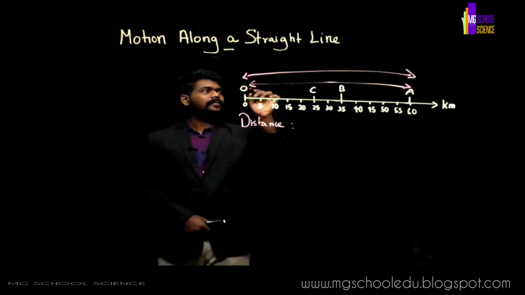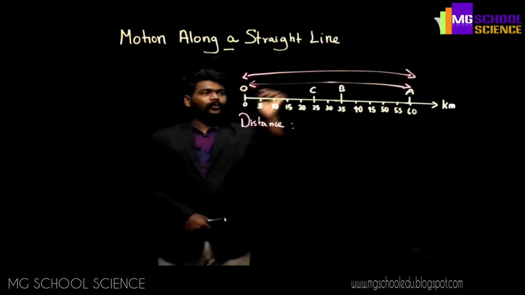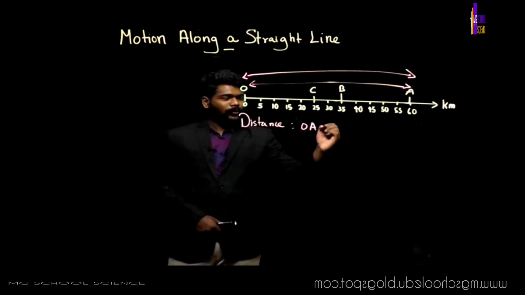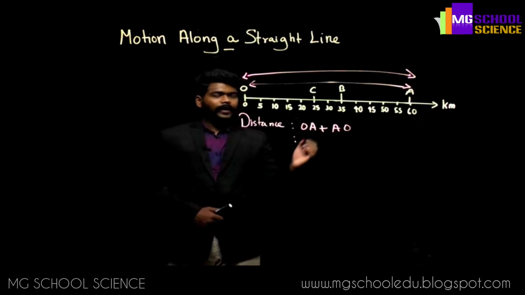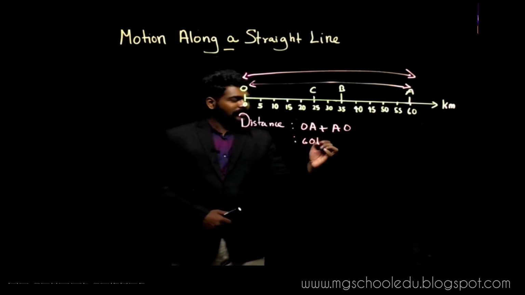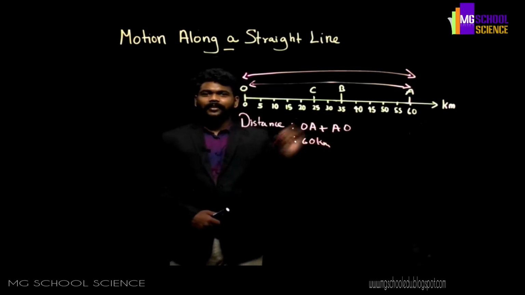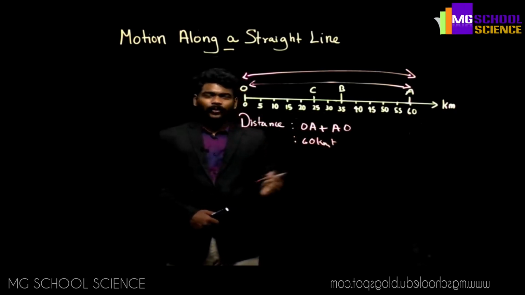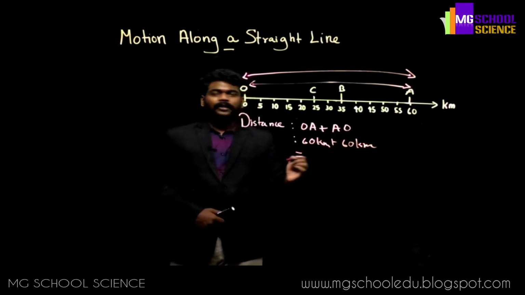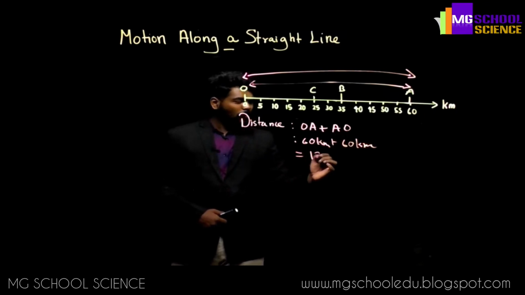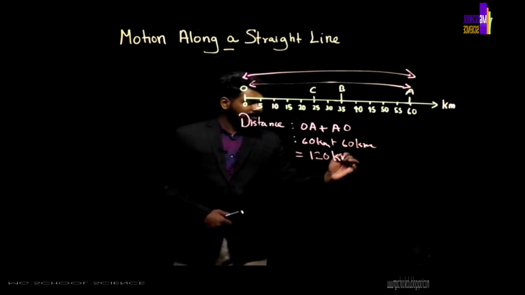The first distance is from O to A and A to O. That is O to A plus A to O. Now what is O to A? It is 60 kilometers, right? Now what is A to O? Again 60 kilometers. Therefore, the total distance traveled is 120 kilometers.